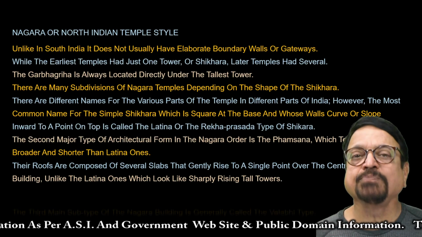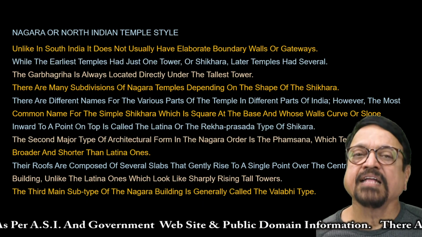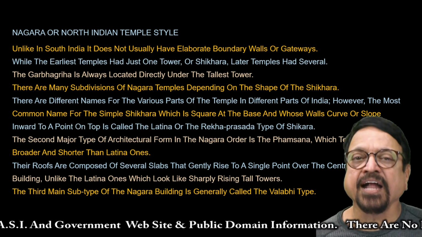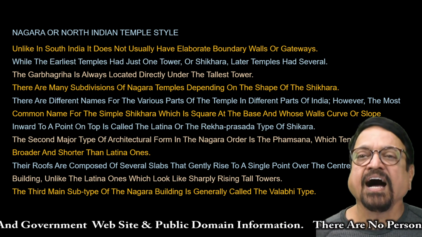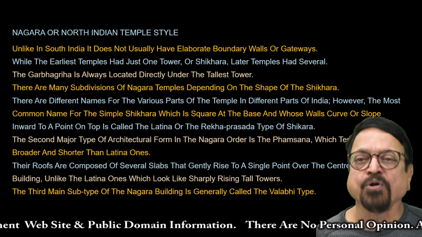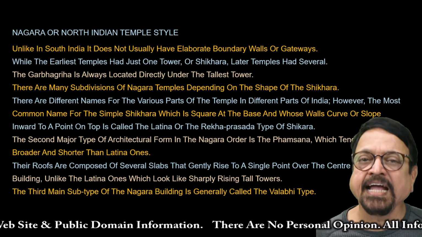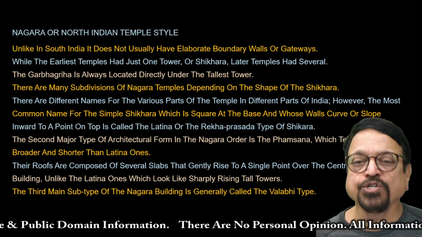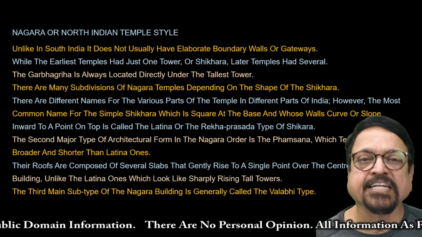So the distinguishing marks of the Phamsana are that they are shorter and broader, and the slabs point towards a single point at the top.